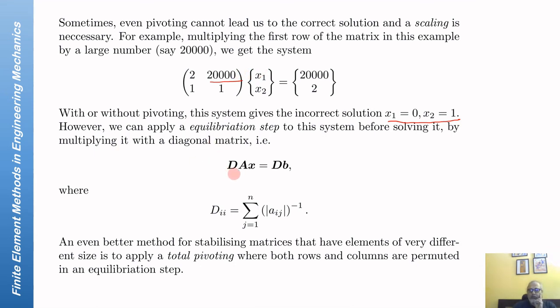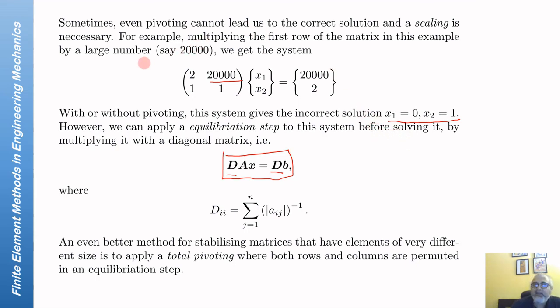One way would be to perform what is known as an equilibration step, where D is a diagonal matrix and its elements are sum of Aij inverse. So you can construct this diagonal matrix, multiply it here, and then you will see that this stabilized system will give you the right answer, which is x1 equal to 1, x2 equal to 1.